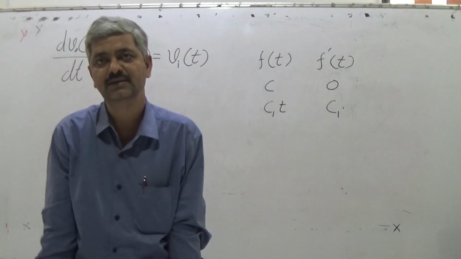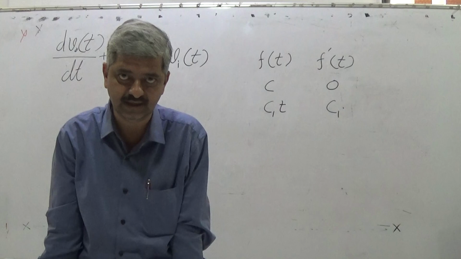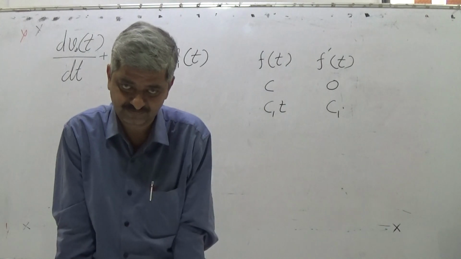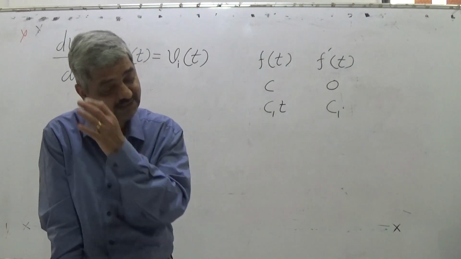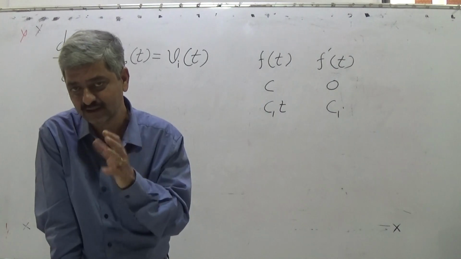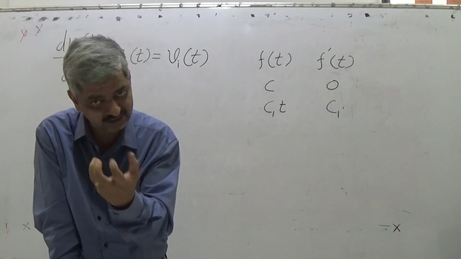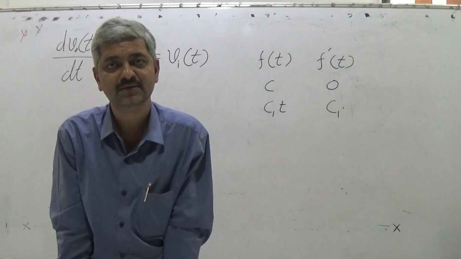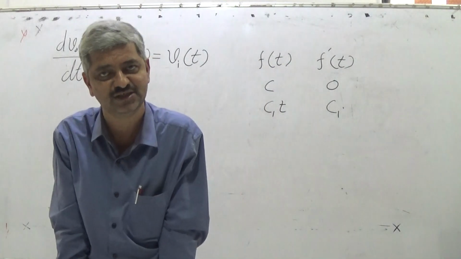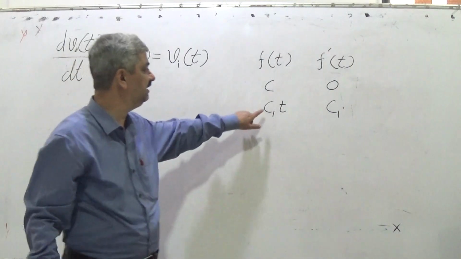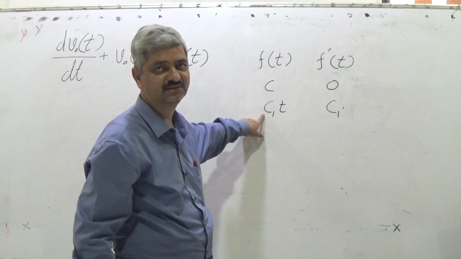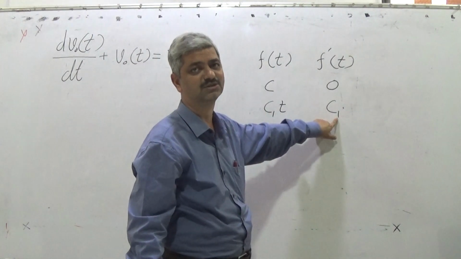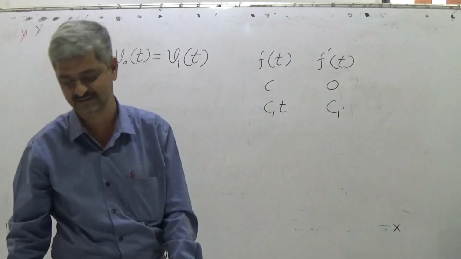So we are in search of some functions. For a constant function, there is no change. We go with a very simple fundamental understanding, where you must also evolve the differential equation. Constant function, what is f dash t? Rate of change, no change, so change is 0. A linearly increasing function means changing at a constant rate. So these are different kinds of things.